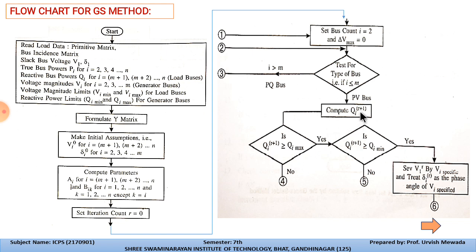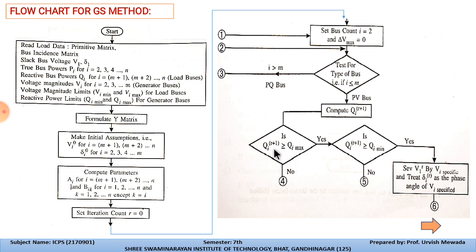So Qi r plus 1, where r plus 1 indicates the iteration number. Once we get the similar value in 2 consecutive iterations, up to 4 decimal places, we can stop the iteration.